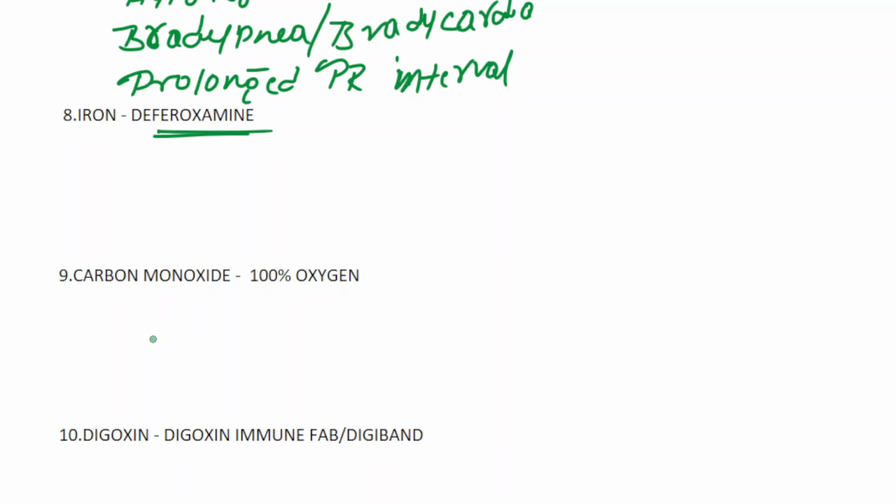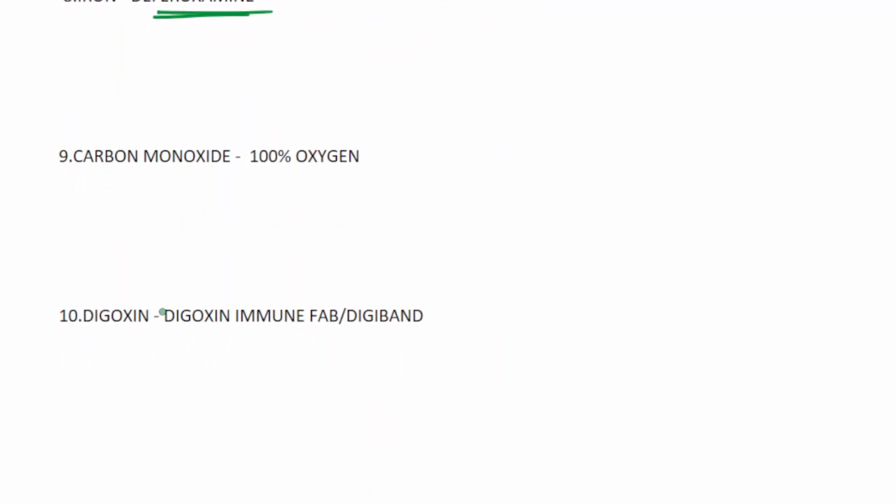And the next one is carbon monoxide. For carbon monoxide, the antidote is 100% oxygen or HBOT. HBOT means hyperbaric oxygen therapy. 100% oxygen needs to be given.